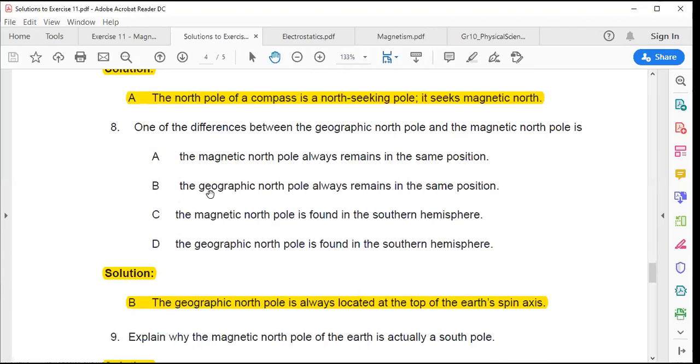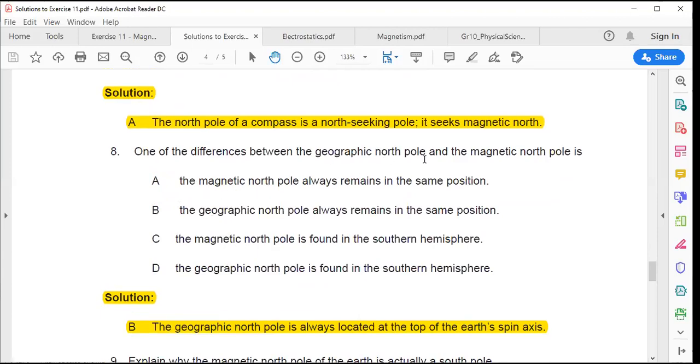Number 8, one of the differences between the geographic North Pole and the magnetic North Pole is: A, the magnetic North Pole always remains in the same position. B, the geographic North Pole always remains in the same position.